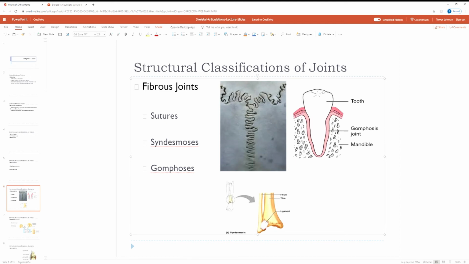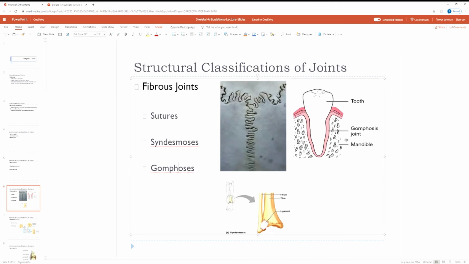So here's the suture. Here's the syndesmoses. If we were defining these differently, the difference would probably be that a syndesmosis utilizes a relatively long fibrous ligament compared to these other two joint types. This is just going to be plastered in fibrous connective tissue. It's not really a ligament. This has a very small, short ligament holding the tooth in place.